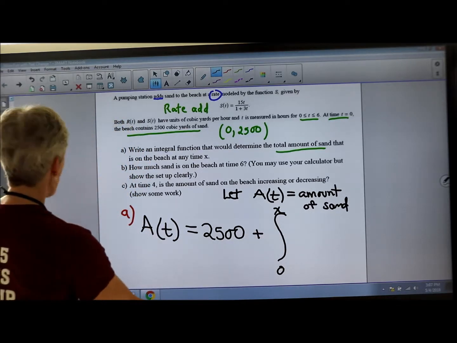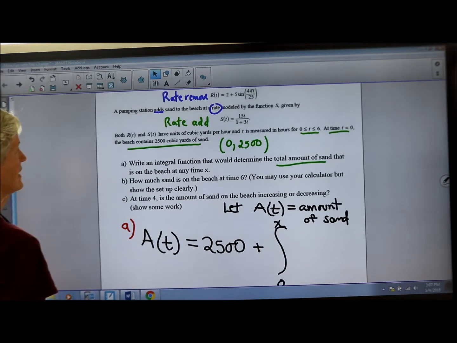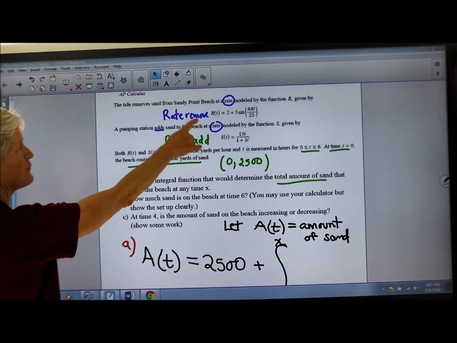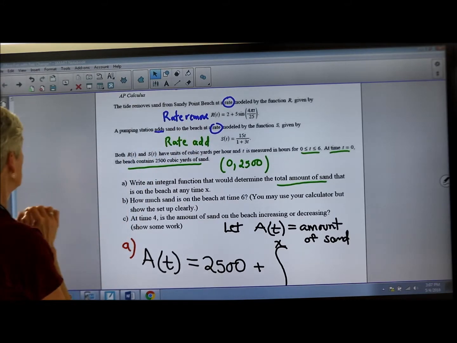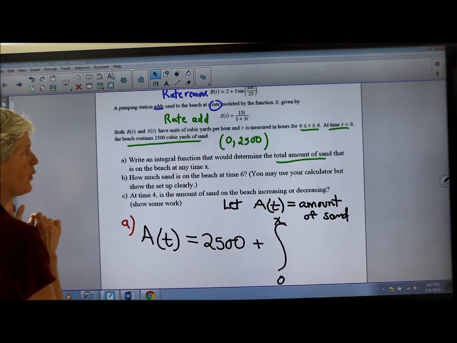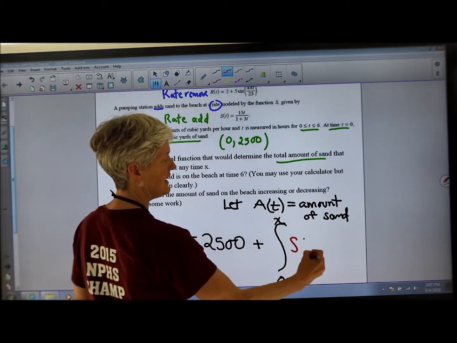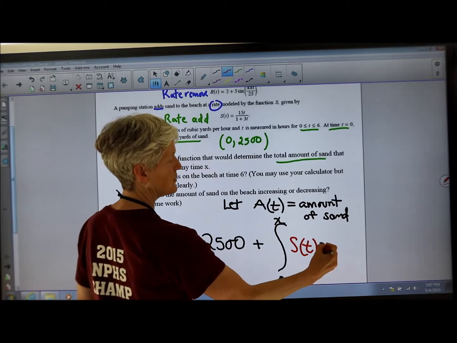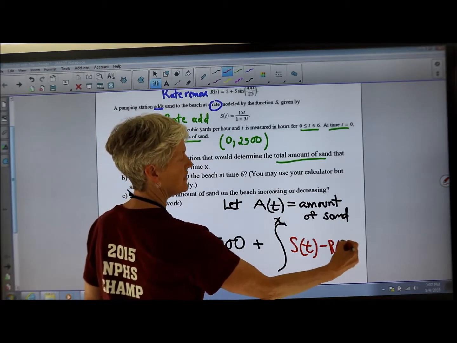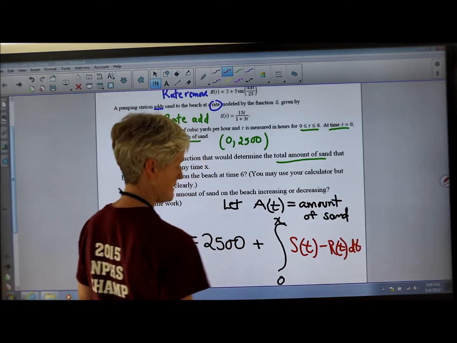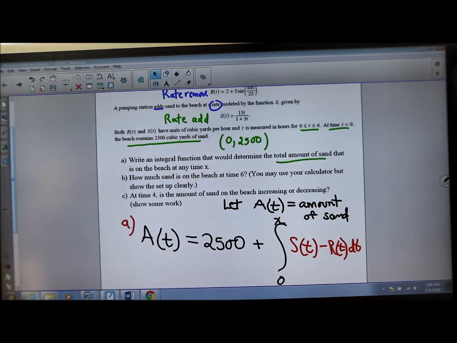Well, I have added sand at a rate of s of t. I removed sand at a rate of r of t. So it's going to be the integral from 0 to x of s of t minus r of t dt. There's my integral.